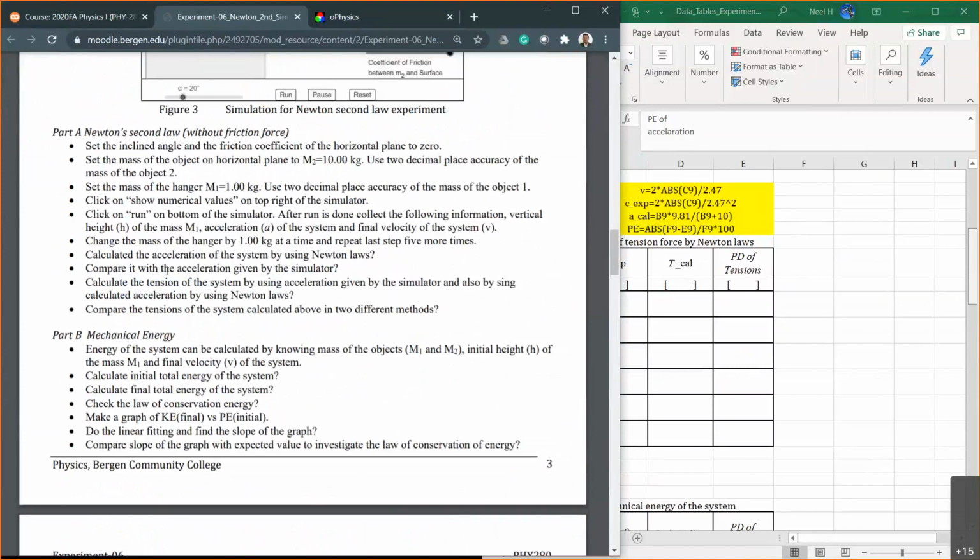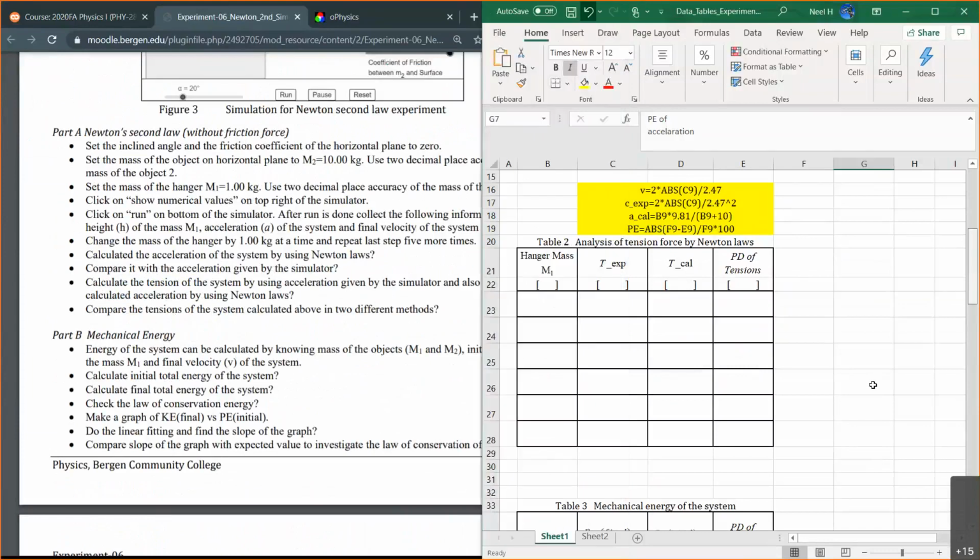Calculate the acceleration and then compare with the acceleration given in the simulator. Calculate tension and then compare the tension of the system, okay. So let's do it here now. In this case, this is all calculation.